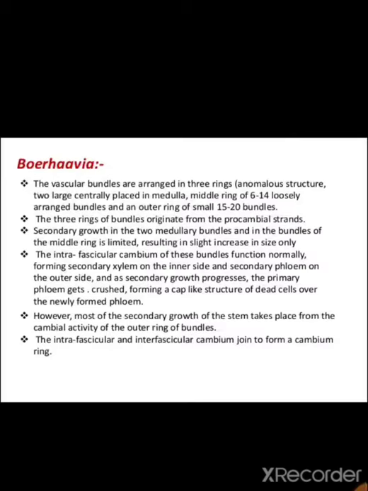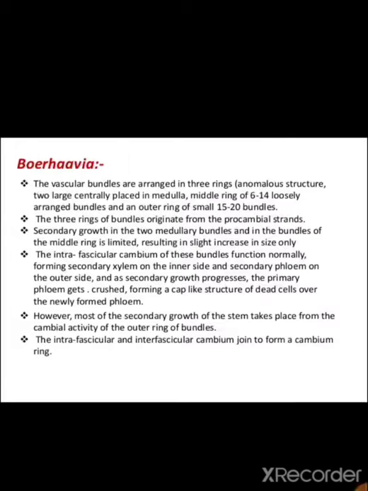This cambium ring behaves normally in the beginning, giving more secondary xylem towards the inner side and very little secondary phloem on the outer side. However, after some time, the cambium ring develops unidirectional areas of cambium at four diagonal points.